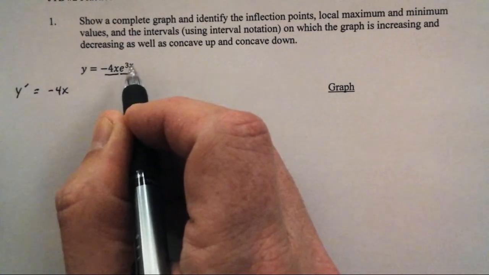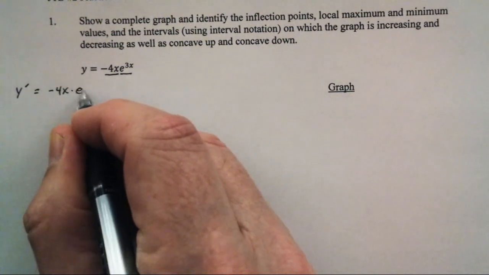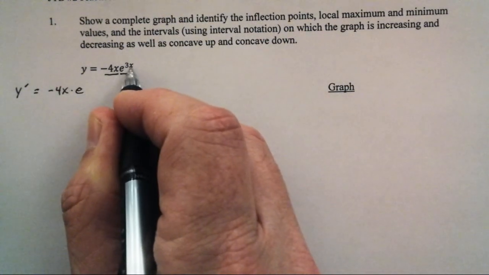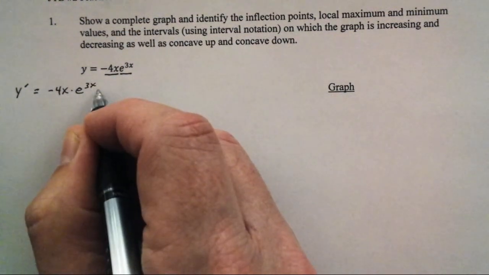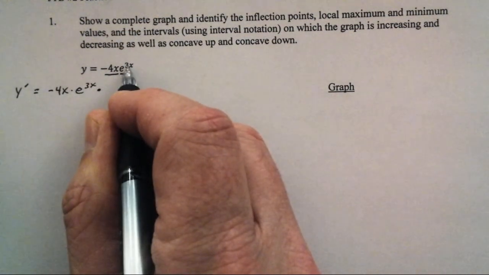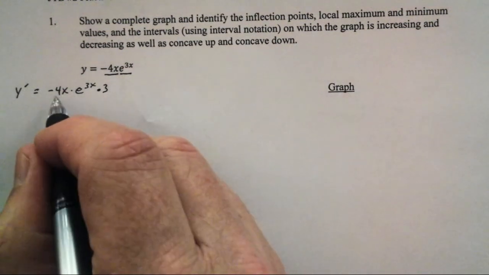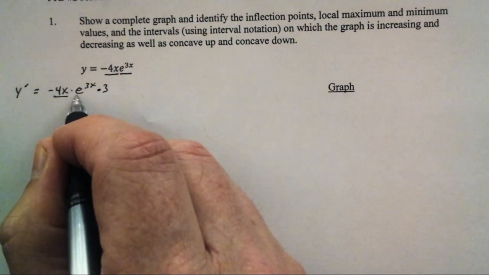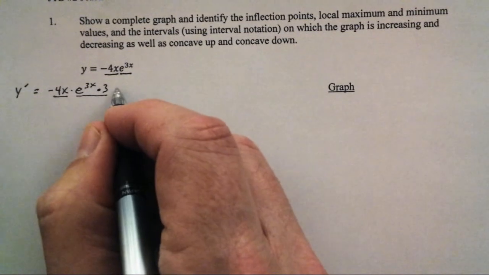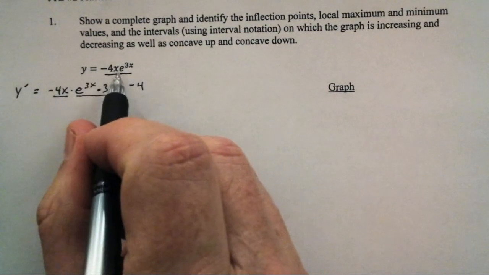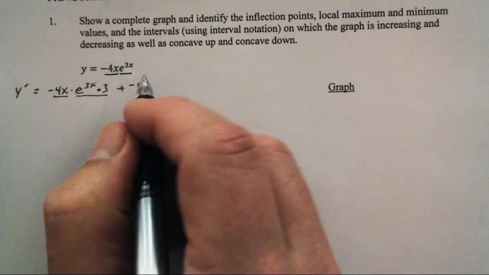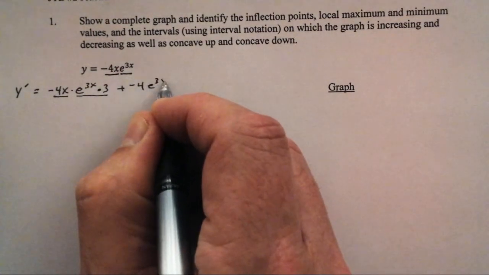The derivative of e to the is e to the, leave the inside function or the baby function 3x alone, and then treat the baby function, the derivative of 3x is 3. So that's the plain old first times the derivative of second plus the derivative of the first, negative 4, is the derivative of negative 4x times the plain old second.